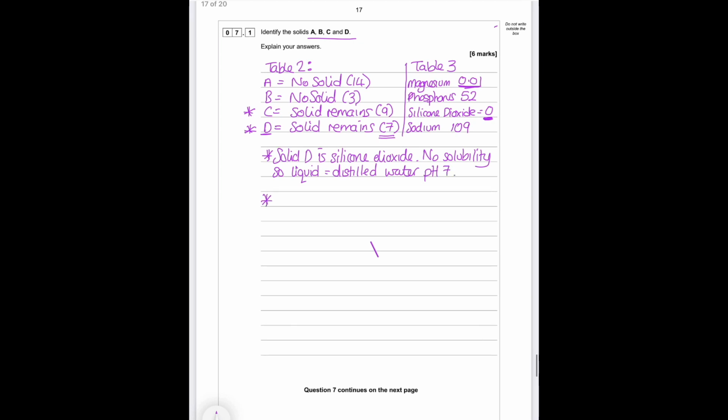That therefore means that my substance C would have to be magnesium oxide because I've got solid remaining in my solution, and that's indicating that it's only slightly soluble. And Table 3 indicates the only other one that's only slightly soluble would be magnesium.